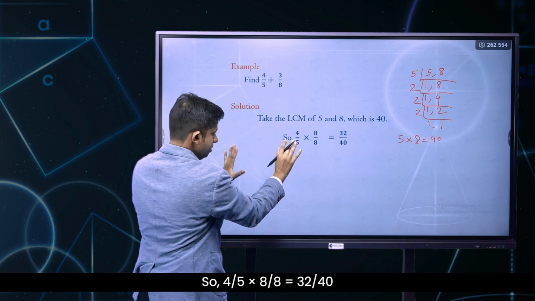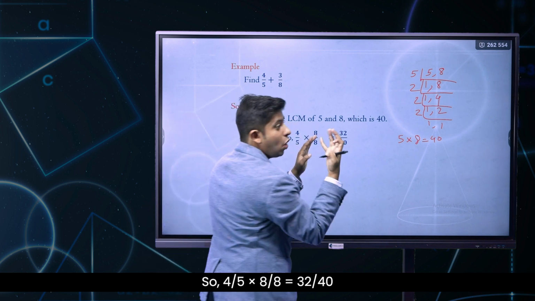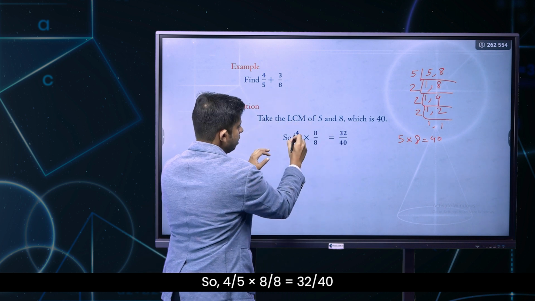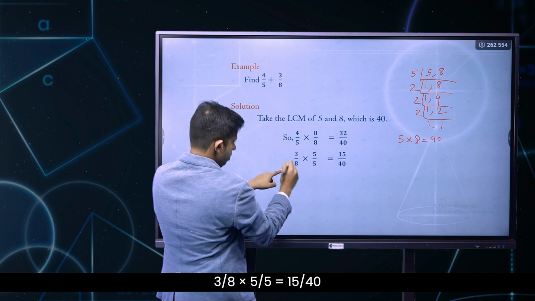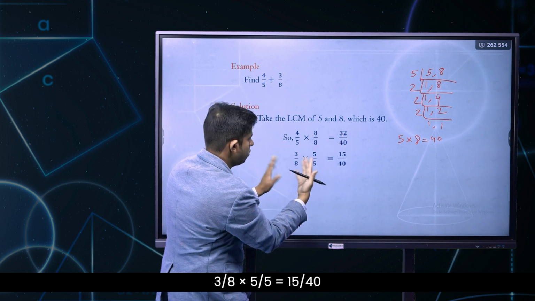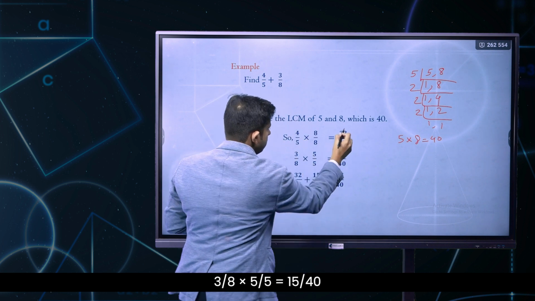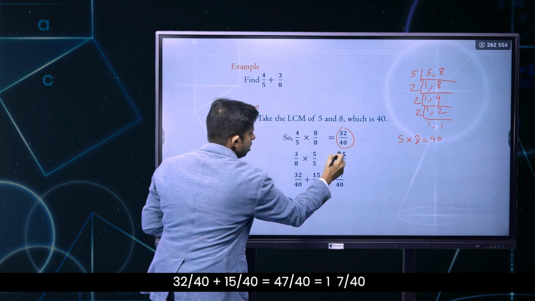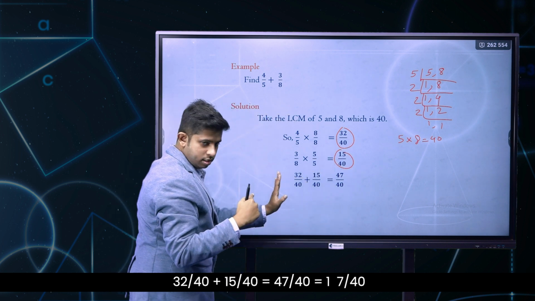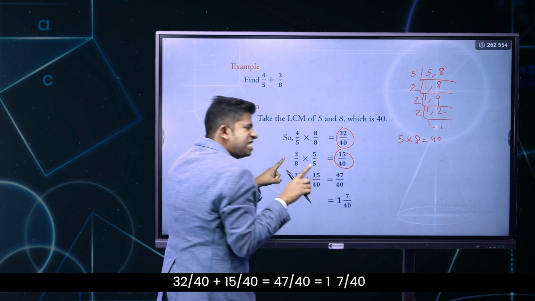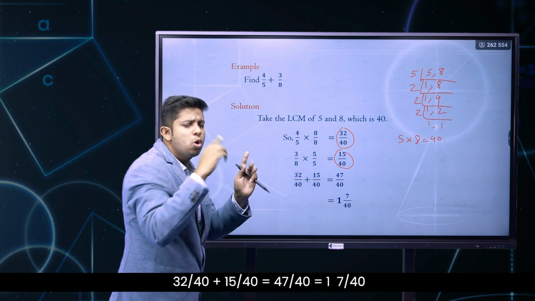So, 4 by 5 into 8 by 8 is equal to 32 by 40. 3 by 8 into 5 by 5 is equal to 15 by 40. 32 by 40 plus 15 by 40 is equal to 47 by 40, which is equal to 1 and 7 by 40.